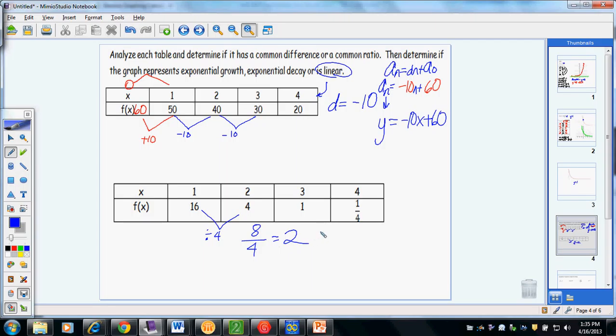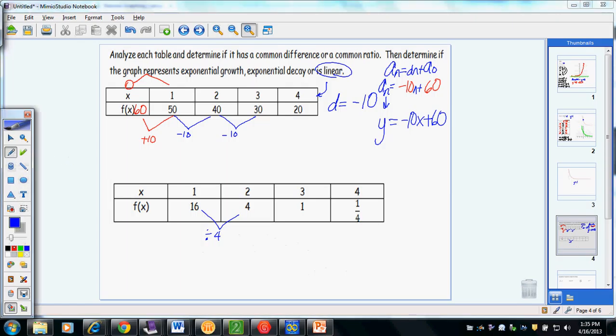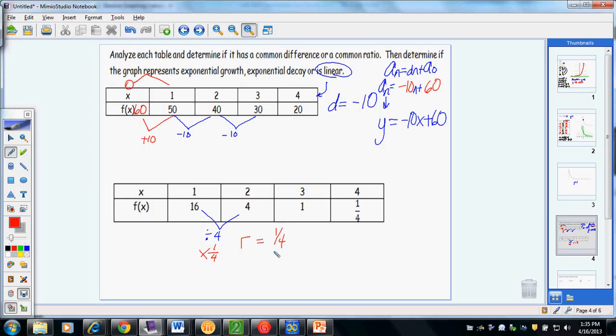There's no difference if I say 8 times 1 over 4, which is equal to 8 over 4, which in fact still equals 2. The reason why we show that is because if we are dividing by 4, we are in fact really just multiplying by 1 over 4. If we are dividing or multiplying, we have a common ratio, which is 1 over 4 in this position.